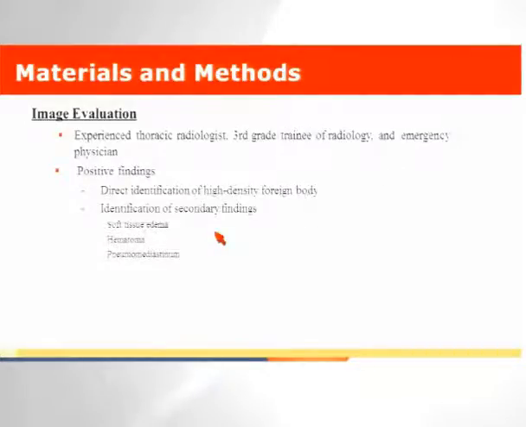All the images were evaluated by 3 observers: an experienced thoracic radiologist, a third-grade trainee in radiology, and an emergency physician. Positive findings were defined as direct identification of a high-density foreign body or identification of secondary findings including soft tissue edema, hematoma, and pneumomediastinum.